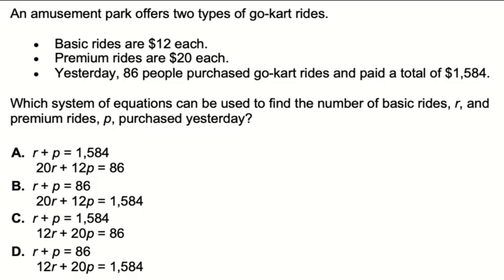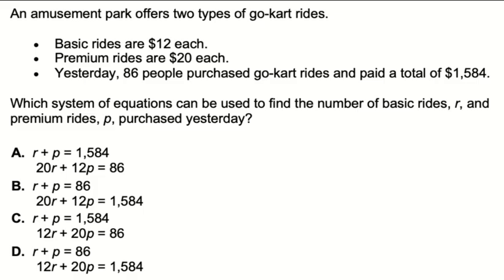All right, sometimes with systems of equations problems, you have to get the equations. So we got an amusement park that offers two types of go-kart rides. Basic rides are $12 each, premium $20 each.